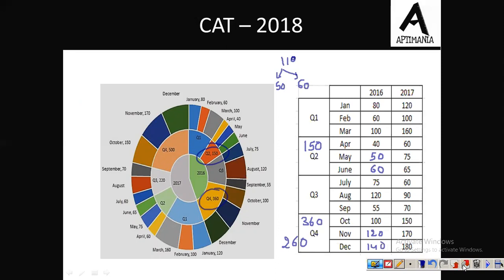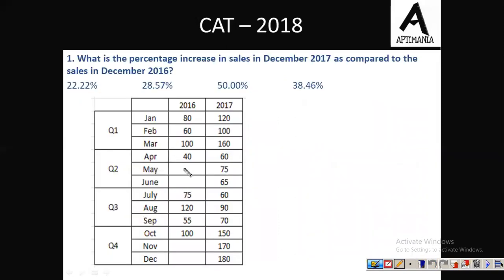Now let's move to the question part. So the first question based on this set was, okay. So let us first fill in this value. So this was 50, this was 60, and over here it was 120 and 140. Fine. Now the first question. What is the percentage increase in sales in December 2017 as compared to sales in 2016? 2016 sale was 140.